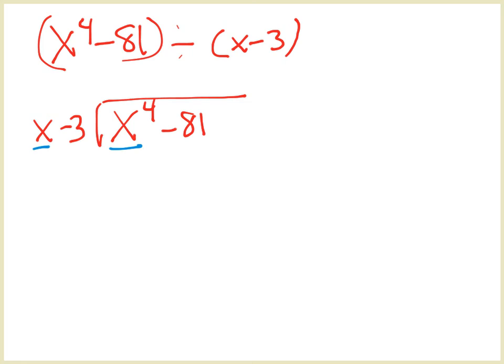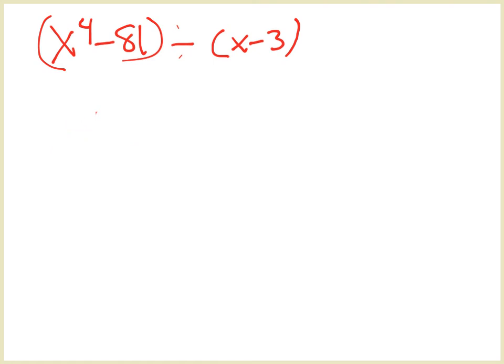Now let me show you what I'm going to do. What I'm missing here, actually let me erase this. I'm going to take this all the way down. Let me erase the whole thing and rewrite it in a different color.